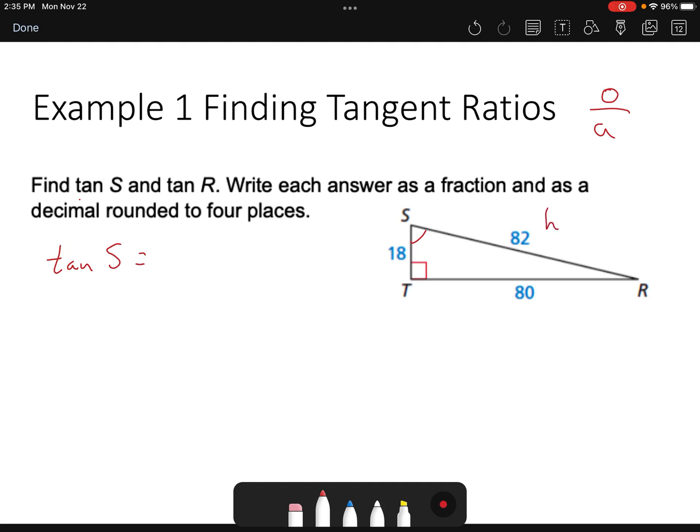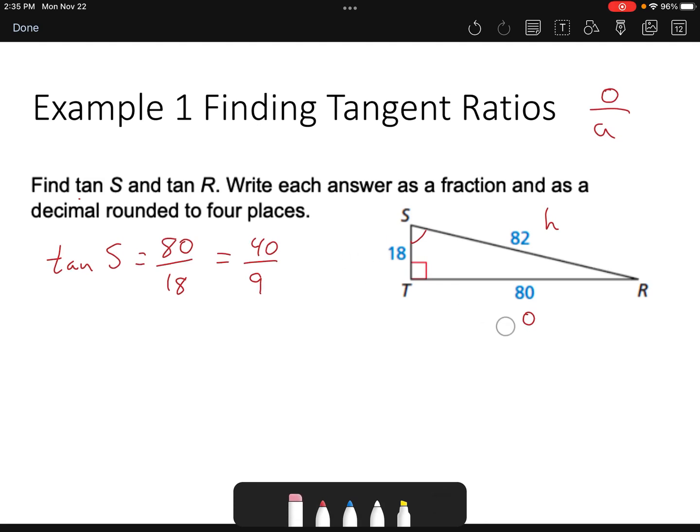The hypotenuse is here because it's opposite 90. What's opposite S? 80. So 18 is right next to it, which is adjacent. Opposite over adjacent is 80 over 18. But that reduces: 2 will go in there 40 times and 9 times. So it's 40 over 9.